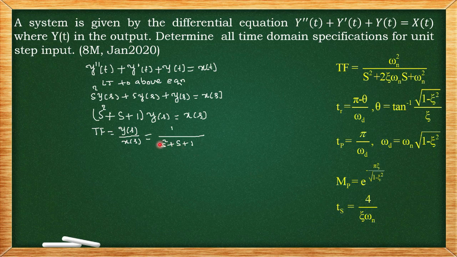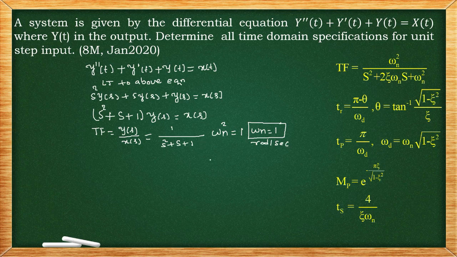So look at the given transfer function and what we calculated, that is s square plus s plus 1. Compare these two, then we can say omega n square is equal to 1, then omega n is equal to 1 radian per second.